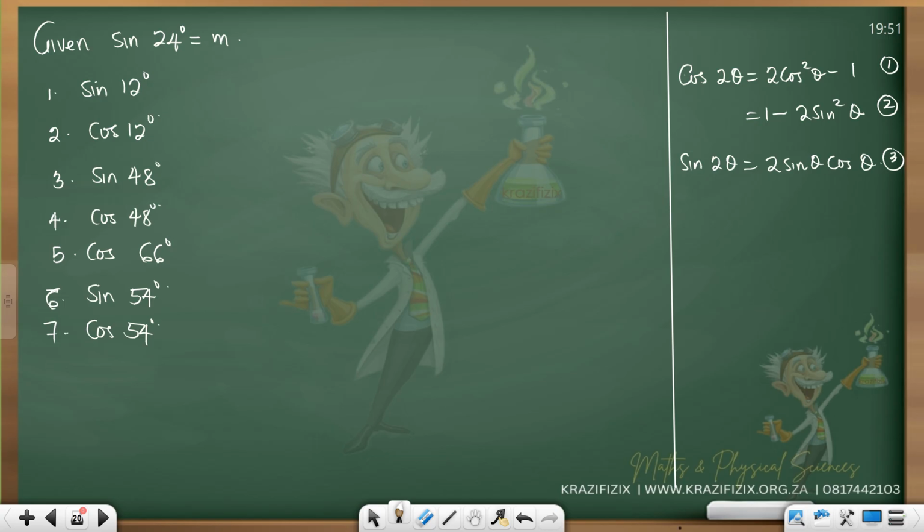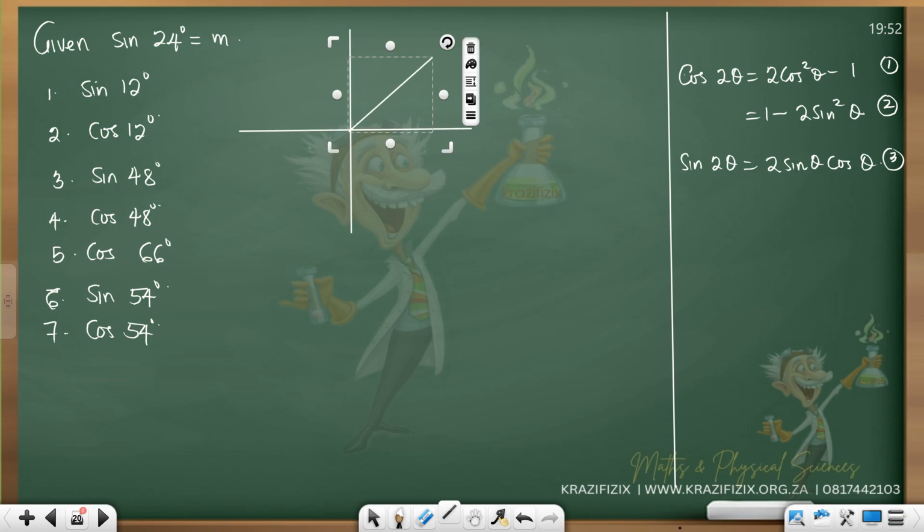Please draw your triangle. 24 is in the first quadrant. Quadrant 1, 90 degrees. And this is the same thing as m over what? M over 1. So your opposite is m and your hypotenuse is 1.